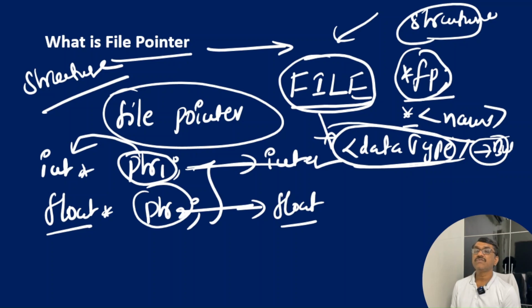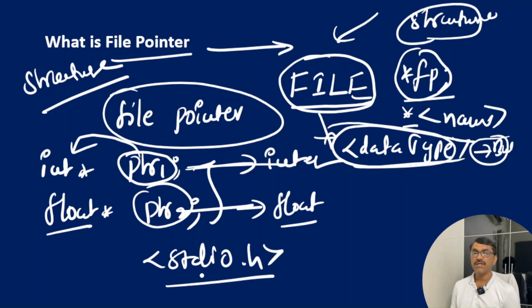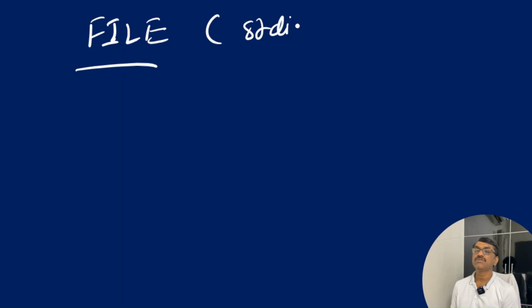The structure of the file is defined in the header file stdio.h, which is already predefined. What kind of contents are available in the file structure? That we will see. I'm talking about the file structure which is already defined in stdio.h. No need to define it again, but here I will explain the internal contents of the file structure.